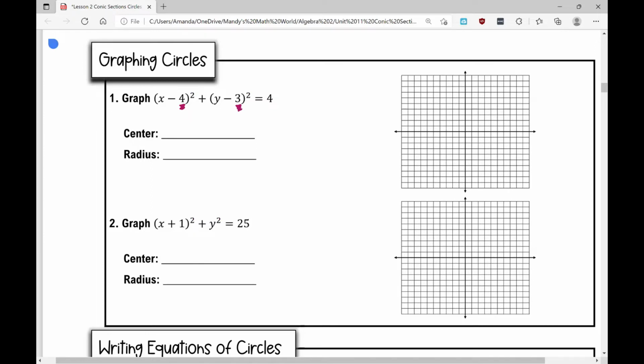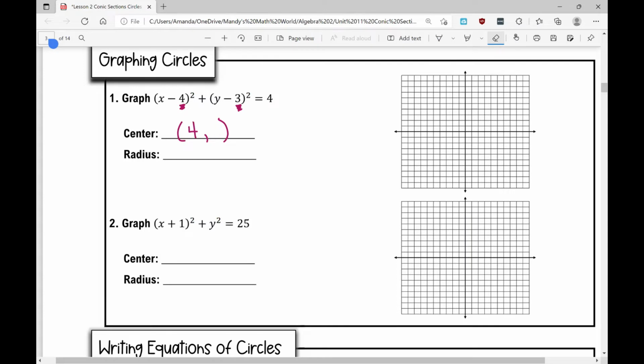It's the opposite of what you see inside the parentheses, because the equation is (x minus h) squared plus (y minus k) squared. That's typically what you'll be thinking whenever you're graphing. So x minus 4, my x value for the center is positive 4, and y minus 3, the y value for the center is 3.